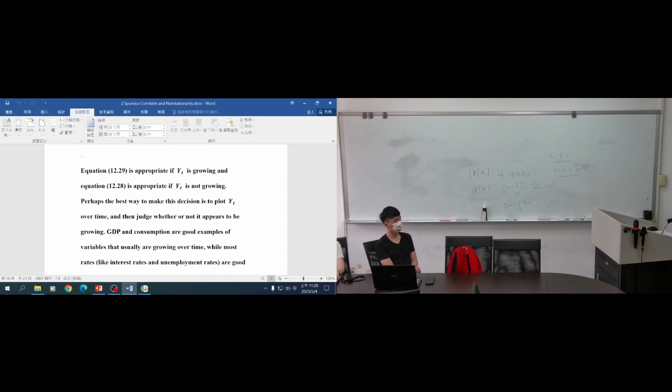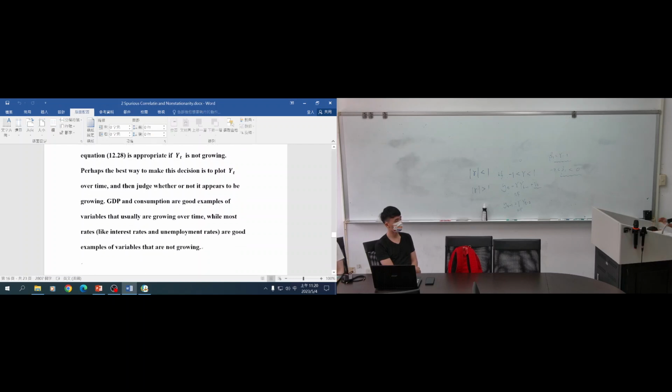Usually, GDP and consumption are good examples of variables that usually grow over time. GDP and consumption are all related to inflation, and they grow, right? While most interest rates or unemployment rates are good examples of variables not growing. So one uses 12.28, the other uses 12.29.